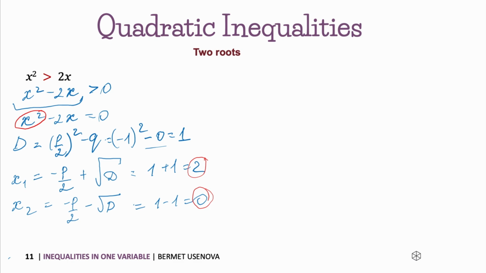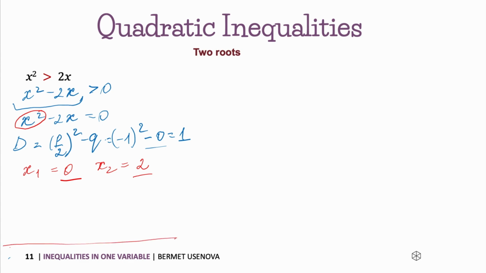The next thing, we have to look at the coefficient before our quadratic term. The coefficient of x squared is again 1 and it's positive. So let's imagine the number line, and we have two roots here, 0 and 2. We look at numbers here.